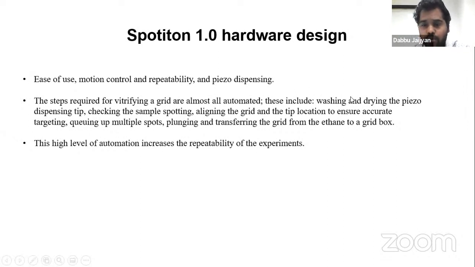These steps include washing and drying of the piezo dispensing tips, checking the samples, spotting on the grid, aligning the grid and the tip location to ensure accurate targeting, queuing up multiple spots, plunging, and transferring the grid from ethane to the grid box. These steps are all automated, which is possible through the Spotiton 1.0 hardware design. This is very important for the reproducibility of the experiment, so I think this is a very good design for the device used for vitrification.